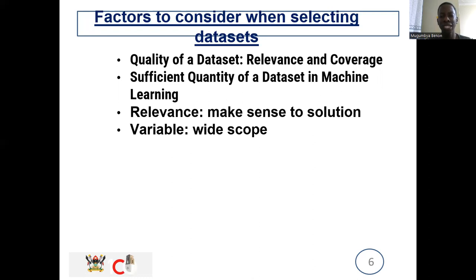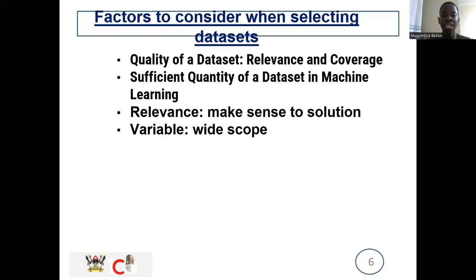Then their relevancy. We want to use a data set that has relevant data. For instance, if we're talking about car price prediction, that data set should have things more relating to cars. We can't have a data set having things talking about celebrities, makeup, and all. That's not relevant to our AI model. So the data set should be relevant to the problem or to your project.